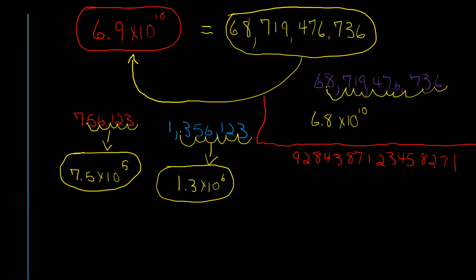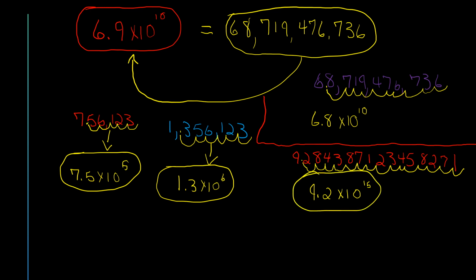That's a whole bunch of numbers, isn't it? But check this out, no problem. 1, 2, 3, 4, 5, 6, 7, 8, 9, 10, 11, 12, 13, 14, 15. 9.2 times 10 to the 15th power.